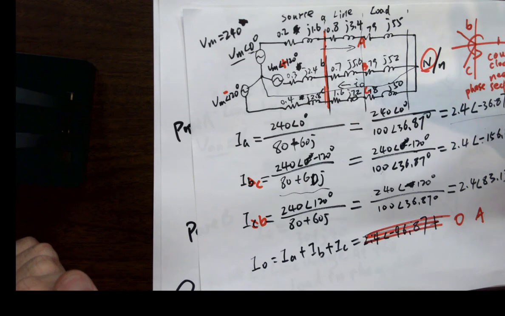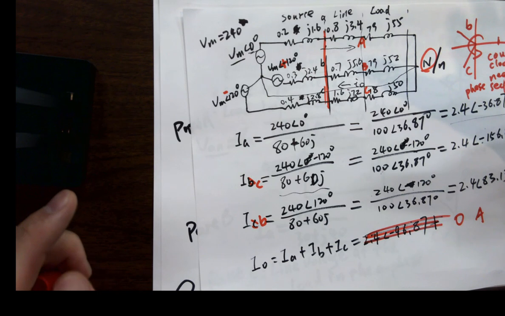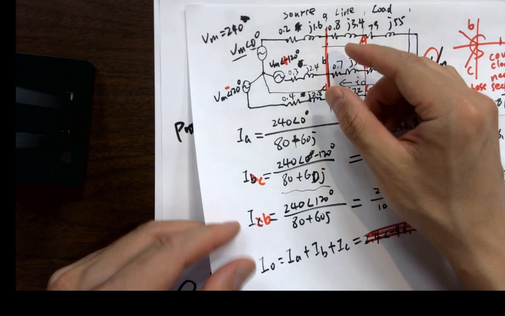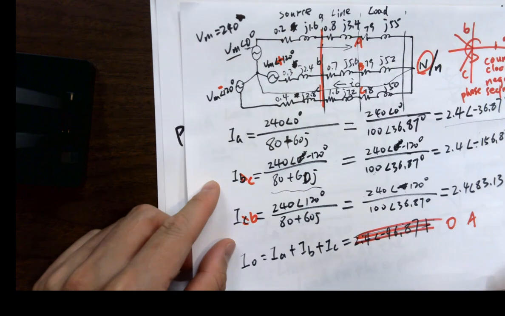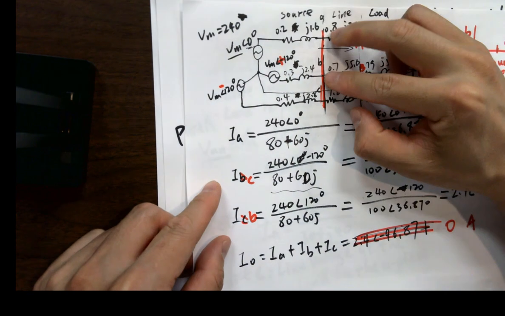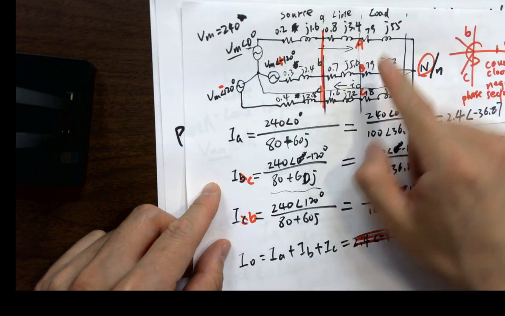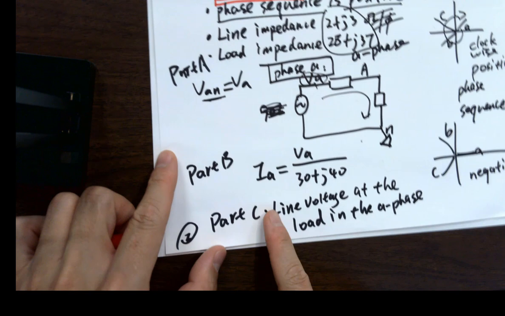Line voltage is the voltage between lines. It's not a voltage on the line. It's a voltage between lines. So line voltage at the source, which is the source terminal. Line voltage, VAB.